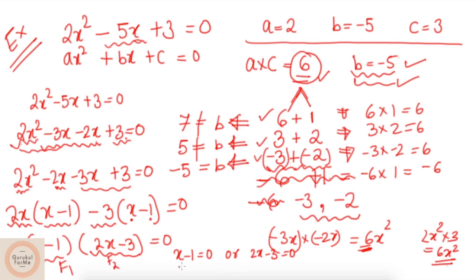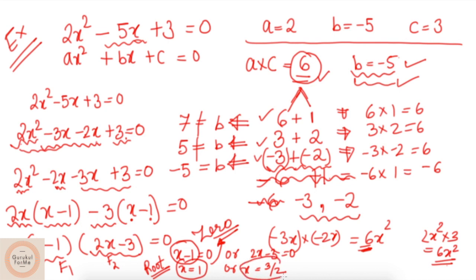Can I say that x is equal to 1 or x is equal to 3 by 2? Great. If this is the factor here, then what is x minus 1? It is the root or it is the 0. This is 0 of the quadratic equation. Similarly, x is equal to 3 by 2 is the root or 0 of a quadratic equation.